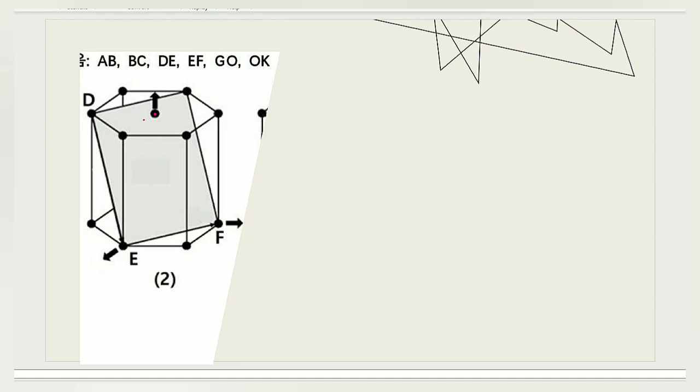We should take the bottom one as origin, just to make this problem different from the one that we previously did. You can take the upper point as origin also, but I'm taking the lower point. So this is origin. Now let's draw the axis lines.